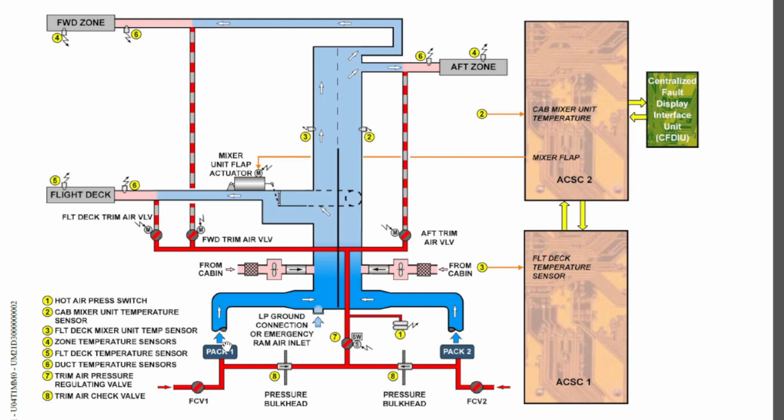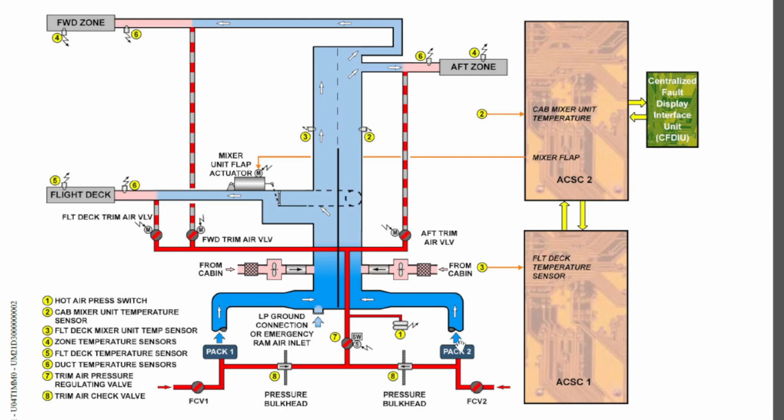Again today we'll try to track the airflow, but we'll try to get the basic idea about the components and their functions, right? The airflow will come from the packs into the mixer unit. So we have two inlets to the mixer unit.